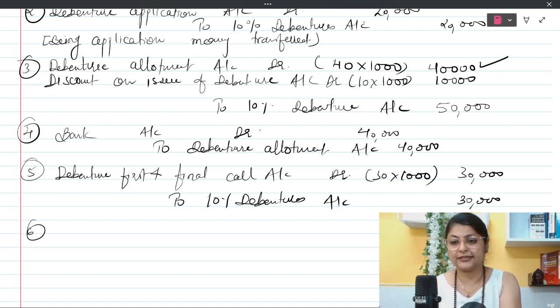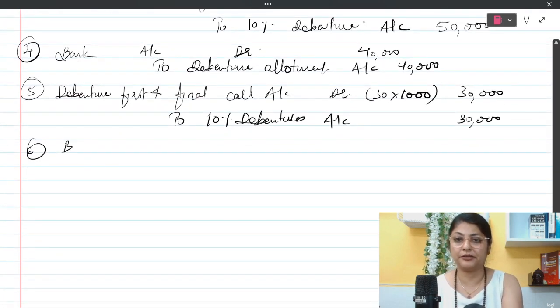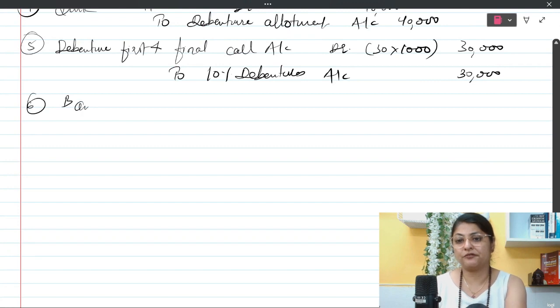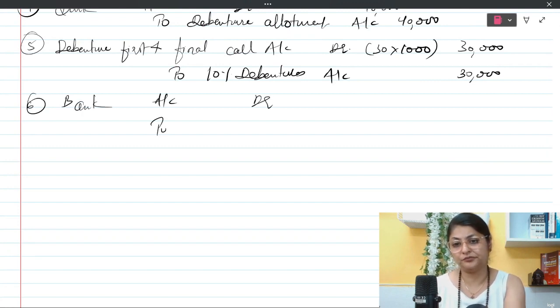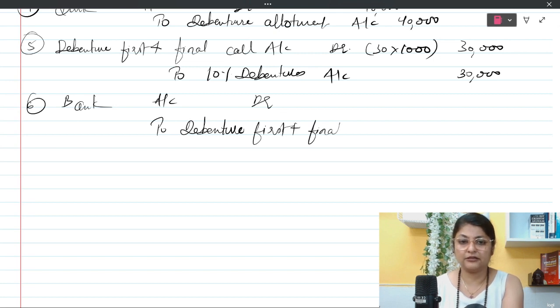And next is receiving the final call. When you receive the final call, bank account will be debited. In fact, on receiving of any call, bank account will be debited. Bank account debit to debenture first and final call account, and this amount is 30,000.